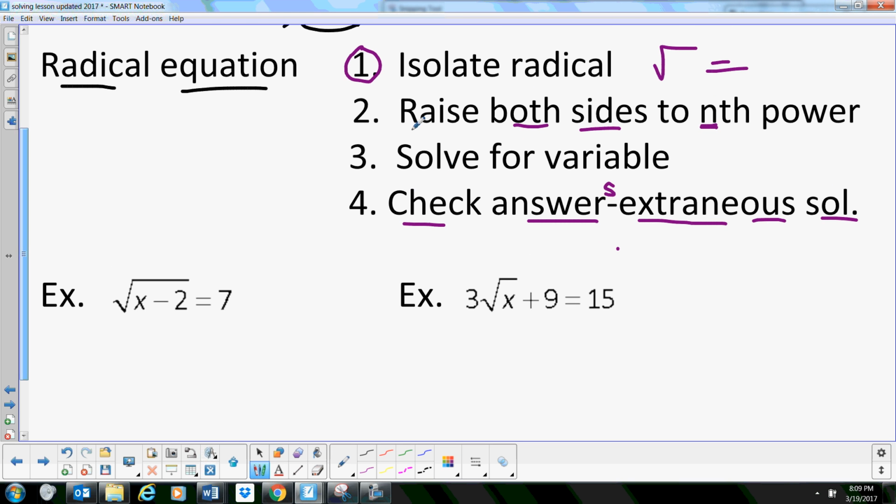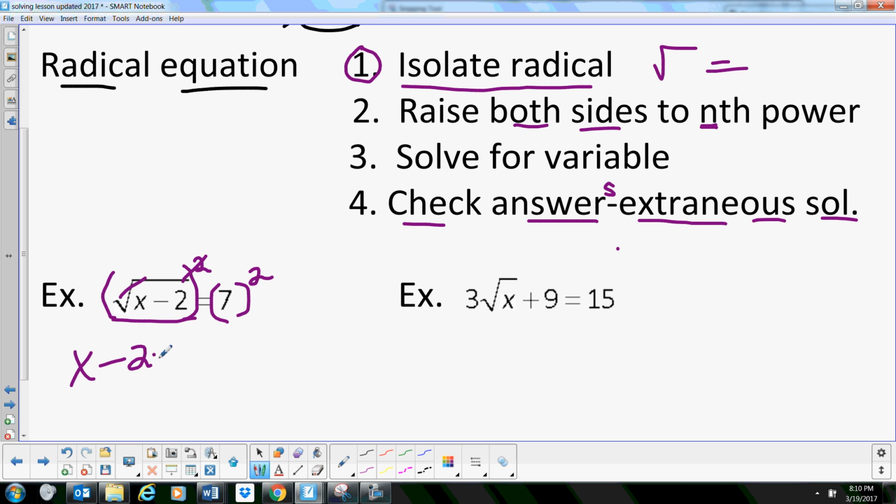Okay, our first example. We want to isolate the radical. Well, this radical is already isolated. So all we have to do is raise both sides to the nth power. Well, since this is a square root, we're just going to square both sides. So square the left side, square the right side, and the square roots cancel, and you end up with x minus 2 is equal to 7 squared or 49, and then add your 2, and you get 51.